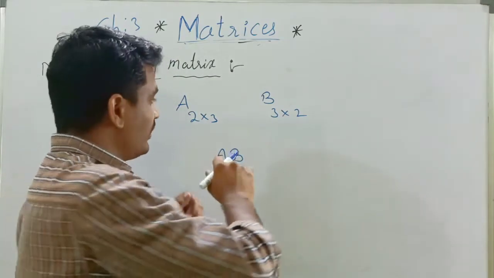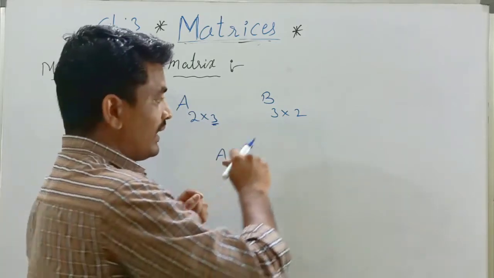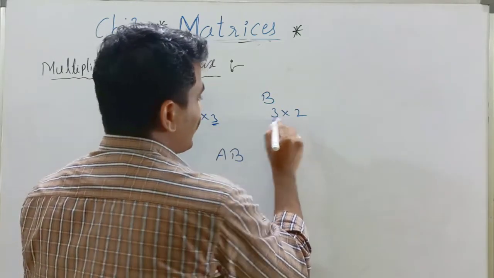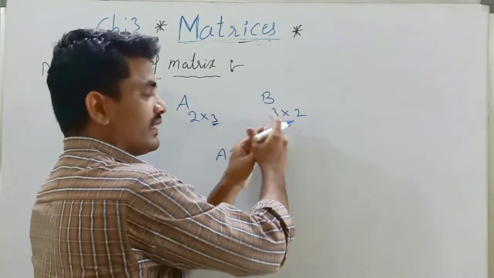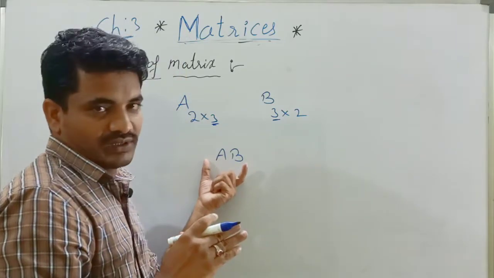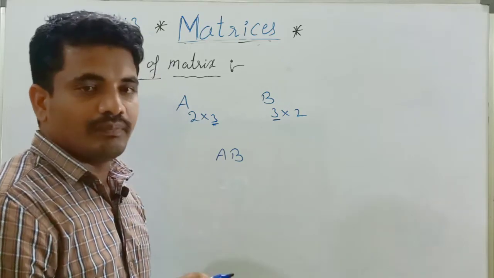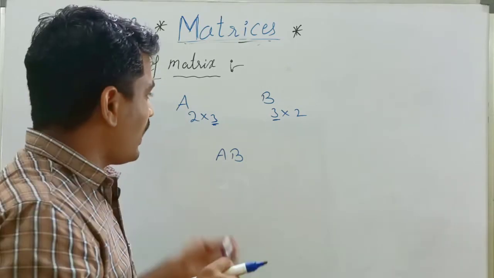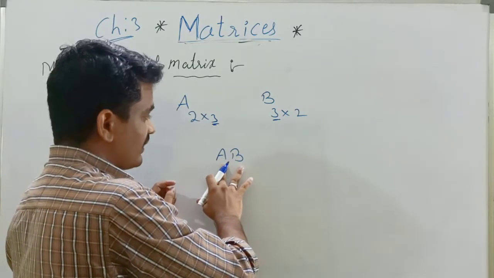Why can we do it? If the number of columns in the first matrix and the number of rows in the second matrix are equal, then AB is possible. The product of matrices A and B we can find.